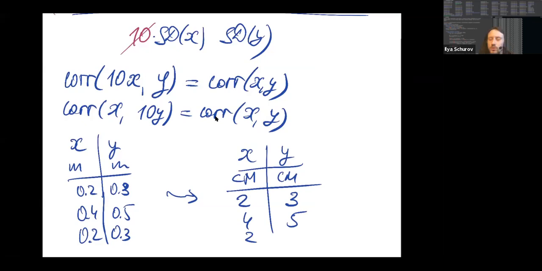So I'd better use different units, decimeters here. So the idea of these formulas is the fact that the correlation between two variables does not depend on units of measurement. We can change units of measurement, and correlation will be the same as previously.